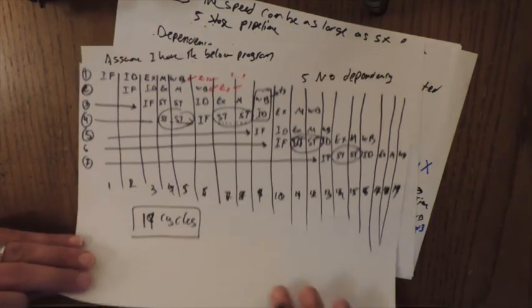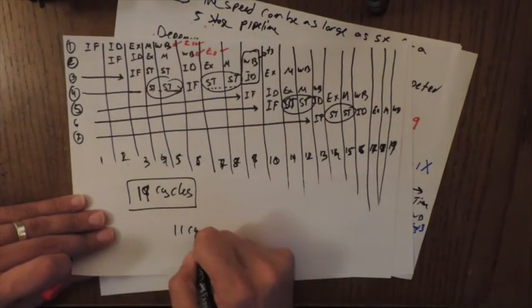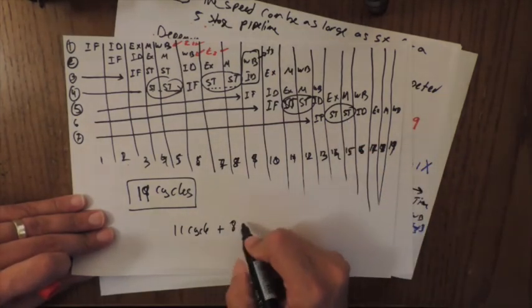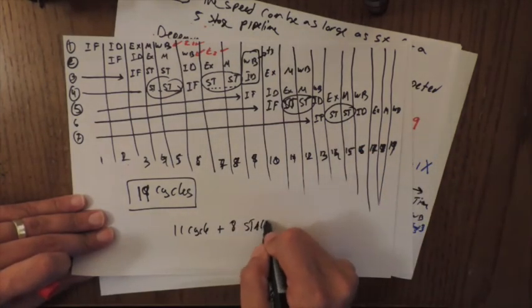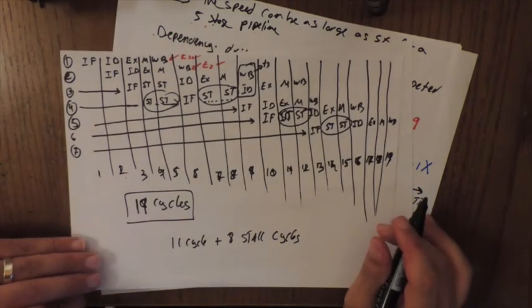So 19 cycles, and I could directly detect that I made a mistake because it is 11 cycles plus 8 stall cycles. So we notice that this is a big amount.